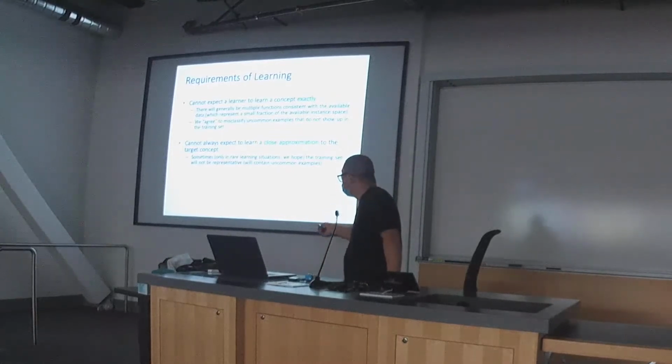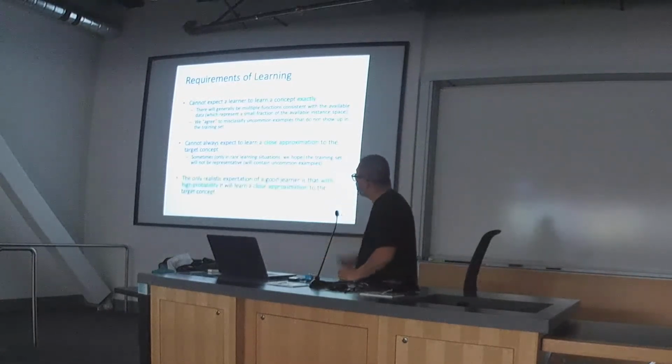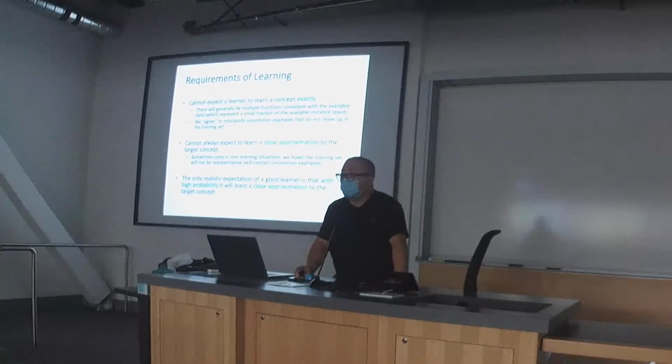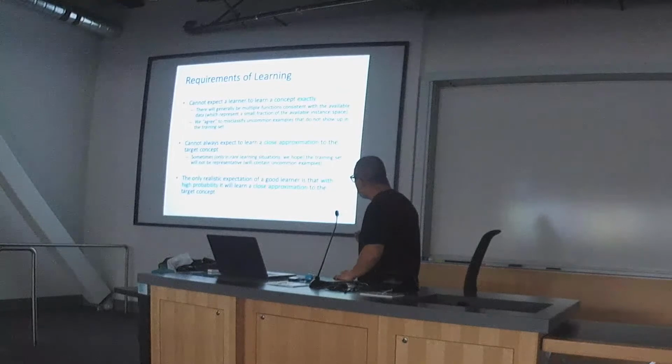Given all this analysis of practical constraints, how would we expect a good learner or good learning model to be? We need to put in some probability statement. If we have a good learner in real applications, this good learner will, with high probability, learn a close approximation to the target concept.